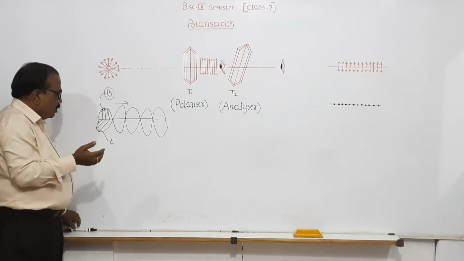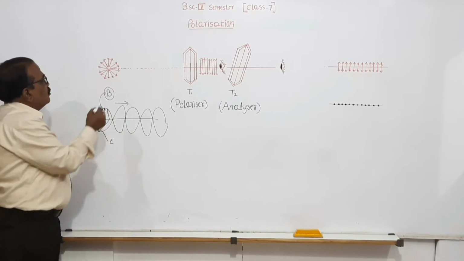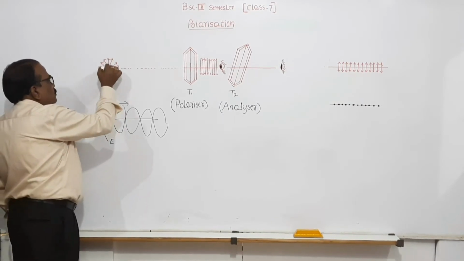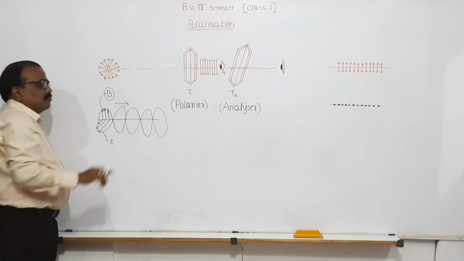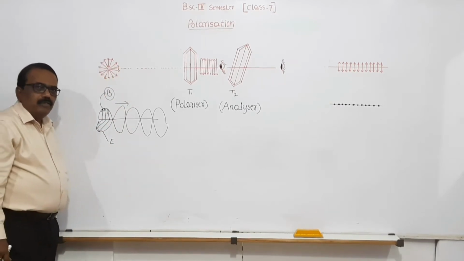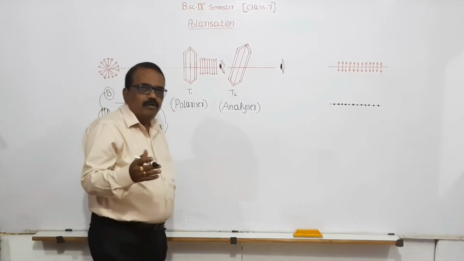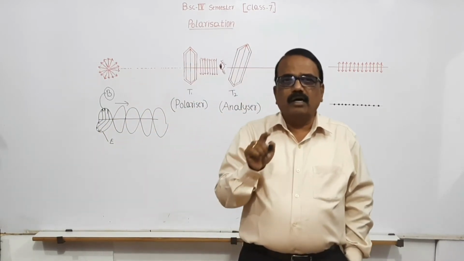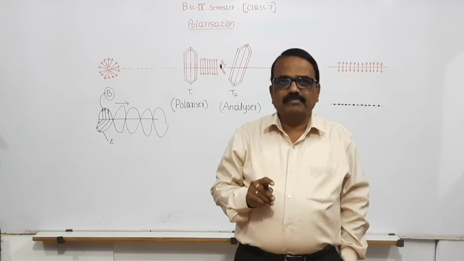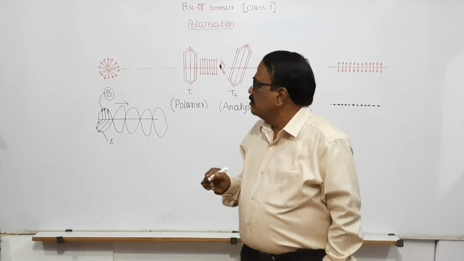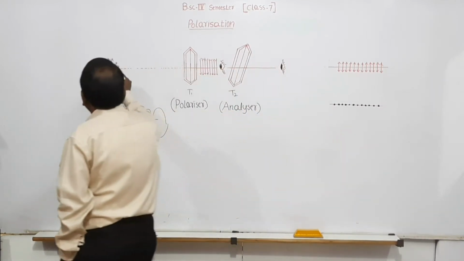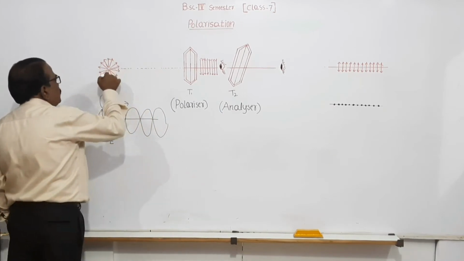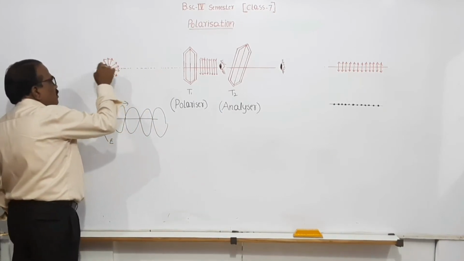So ordinary light has got vibrations in all directions. And if the light has got vibrations in all directions, that light is called unpolarized light. So it has got vibrations in this direction, here, in all directions.